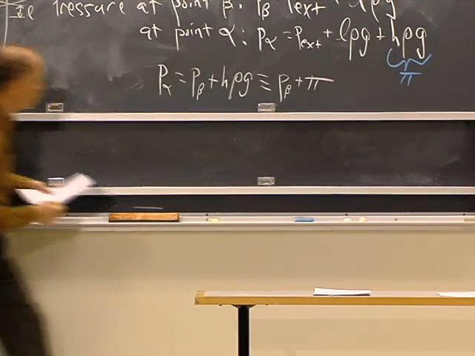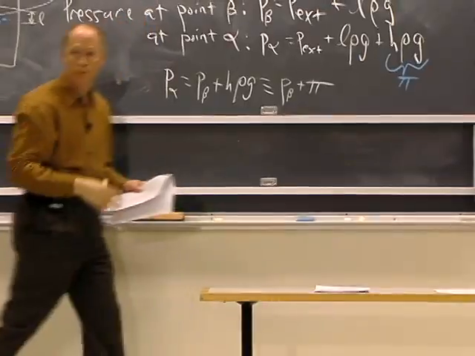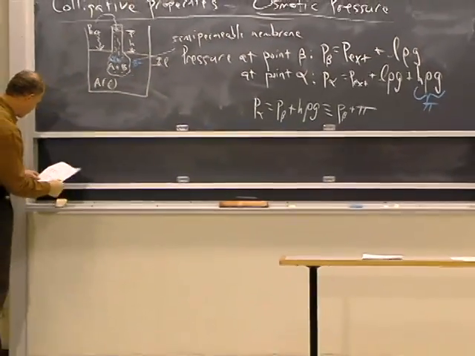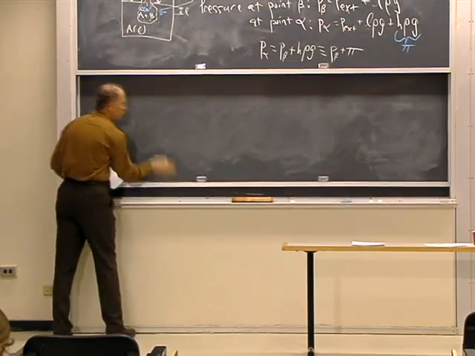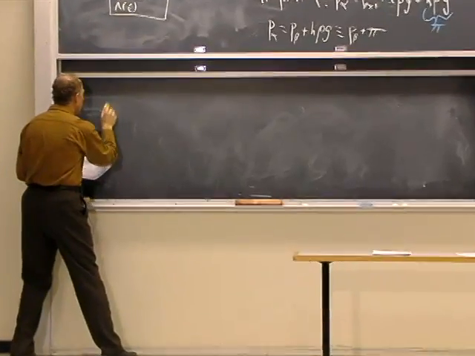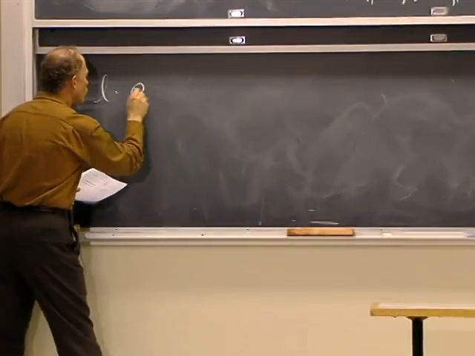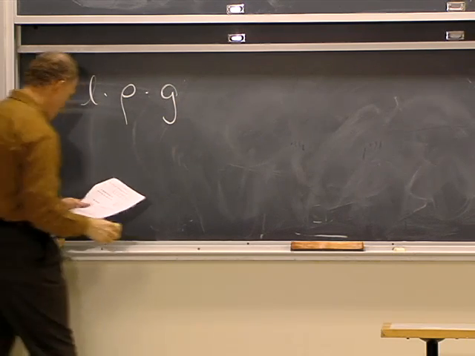Now, just to make sure we're all on the same page about these quantities being the pressure that's exerted by the liquid, let's just look at that. L times rho times G, right?